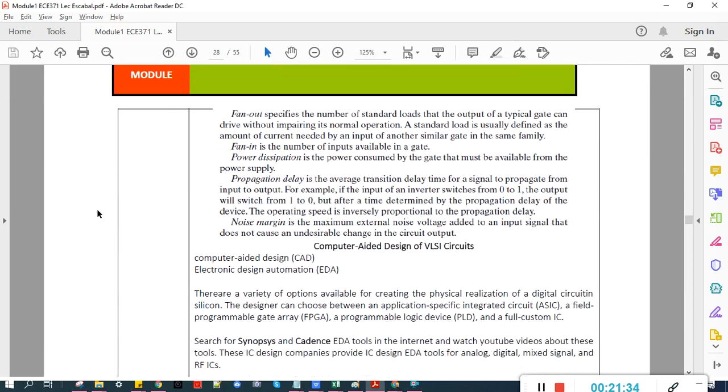Let's define some of the terminologies in digital circuits. Fan out specifies the number of standard loads that the output of a typical gate can drive without impairing its normal operation. A standard load is usually defined as the amount of current needed by an input of another similar gate in the same family.